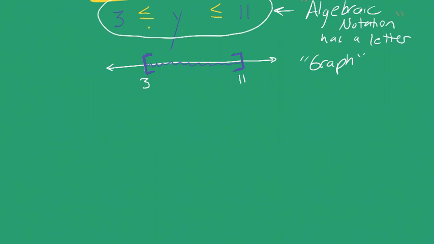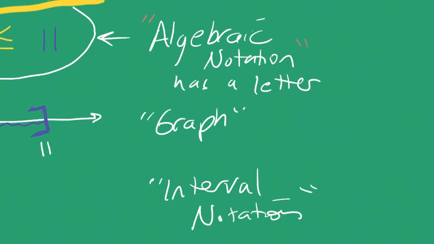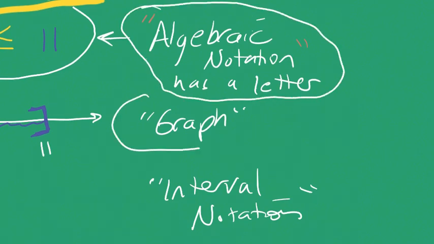And the last thing that we're asked for is interval notation. By the way, make sure you pay attention to which one of these it's asking for, because you may have 5 problems in a row where they ask for interval notation, and then the 6th one they ask for algebraic notation.